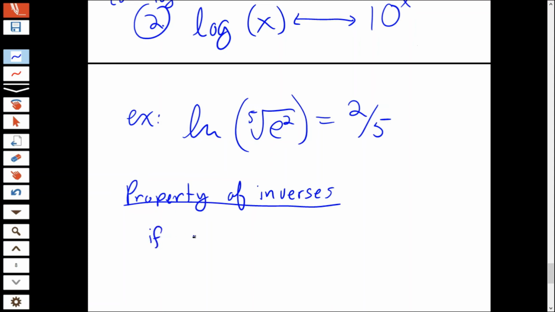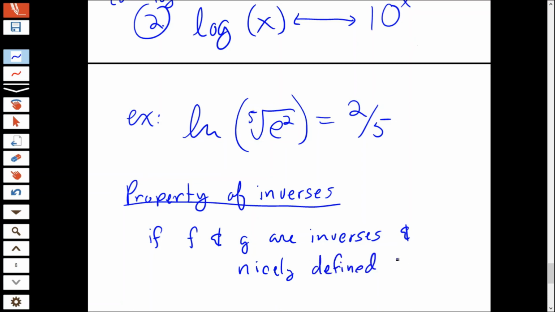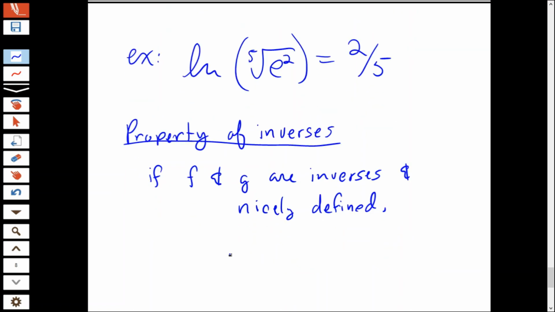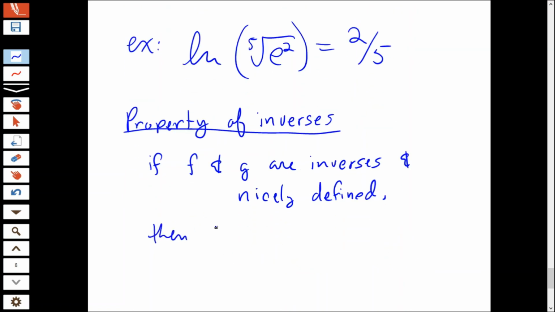That if f and g are inverses and nicely defined, that is, x is in the domain of each, then f of g of x is going to be equal to g of f of x, and these things are just going to undo each other and cancel each other out and just give you x.